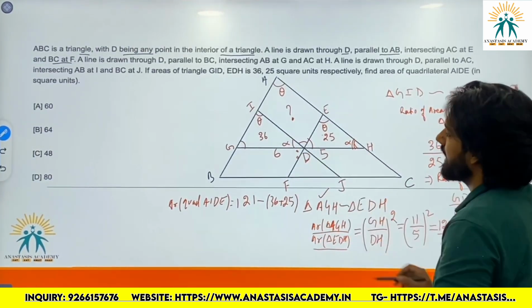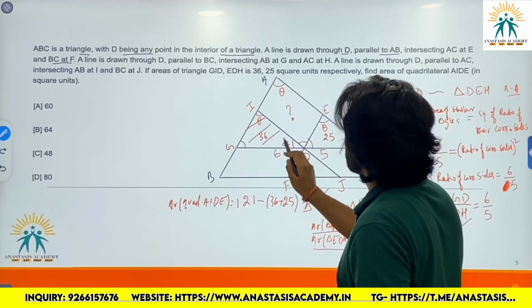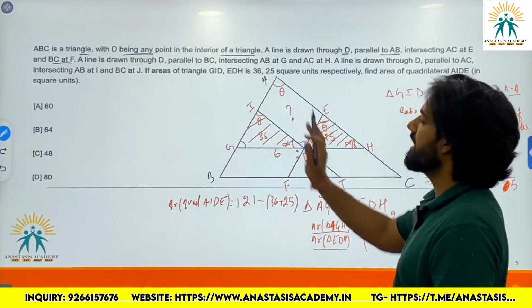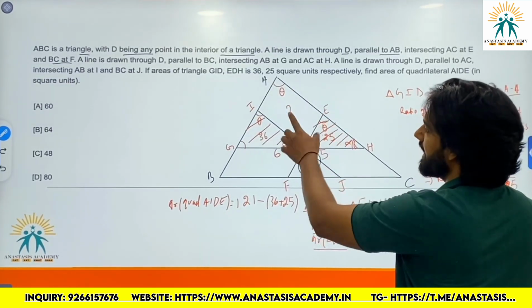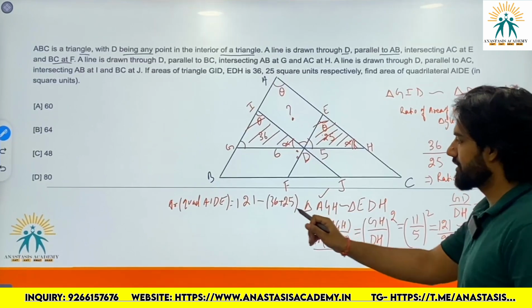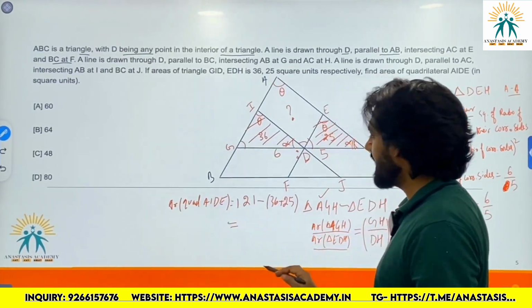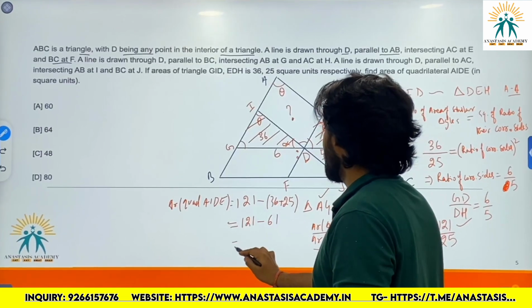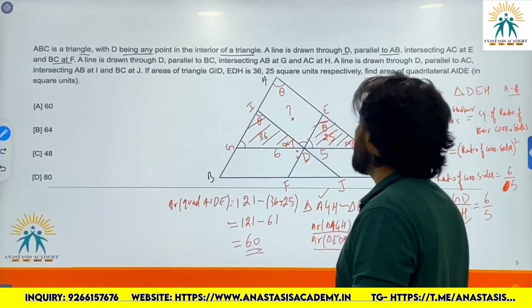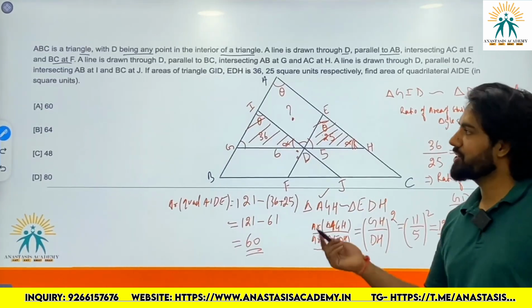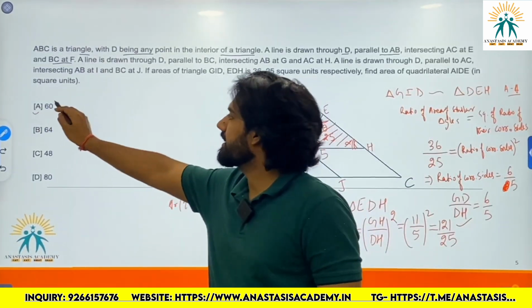If I subtract these two areas from the area of this whole triangle, I will get the area of this quadrilateral AIDE. So the area of quadrilateral AIDE would be equal to 121 minus 61, that is equal to 60 units. So the correct answer to this question would be option A, 60.